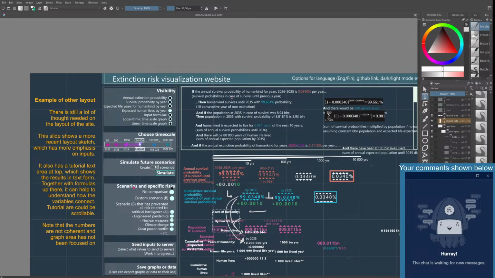I think it could be good to refer to this as survival, because it kind of ties it better to the previous.